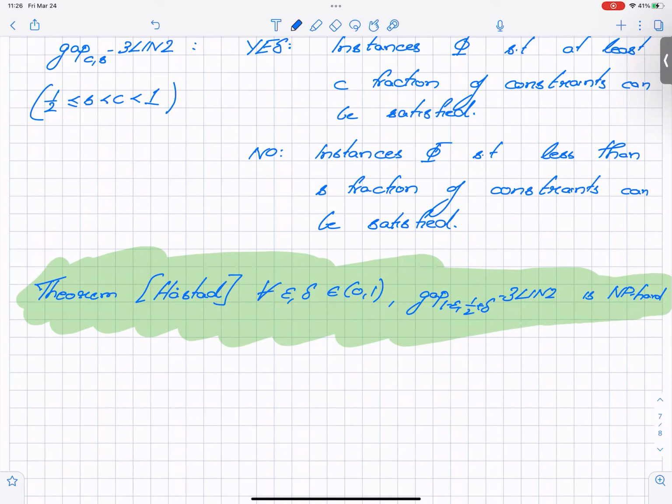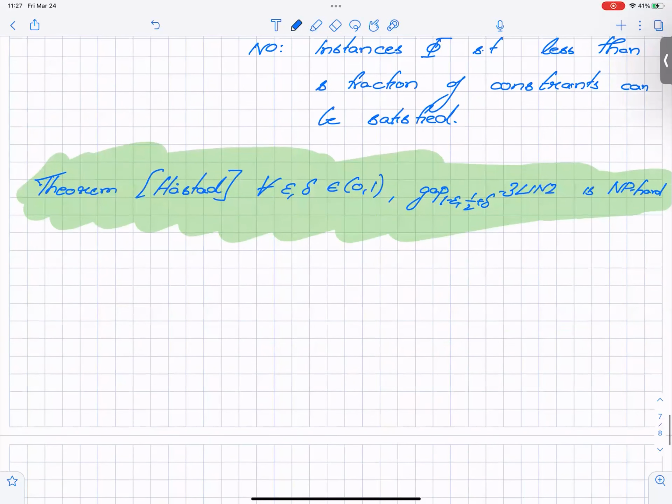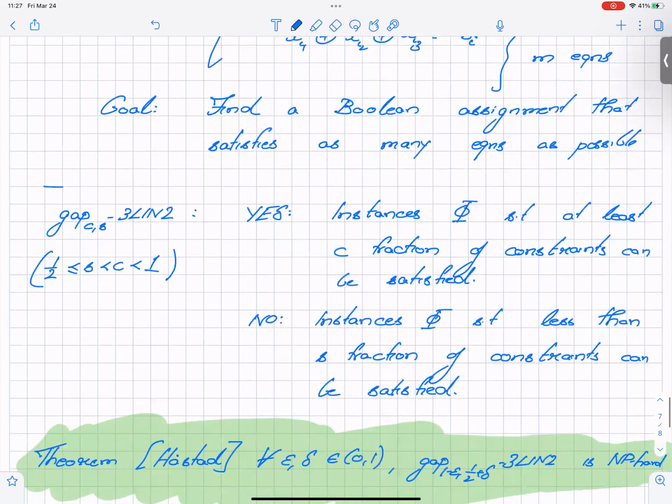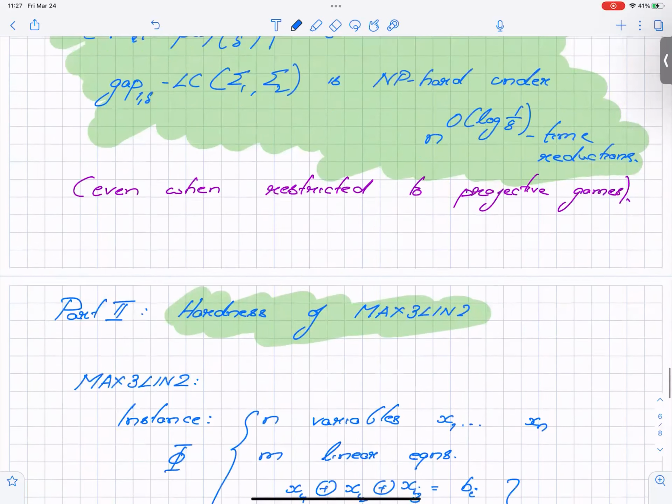So this is going to be an honest to God reduction. We are going to reduce from SAT, which is NP-hard. So the reduction will go of the following type. This has something to do with parallel repetition. We will use the final label cover version which we proved using it.